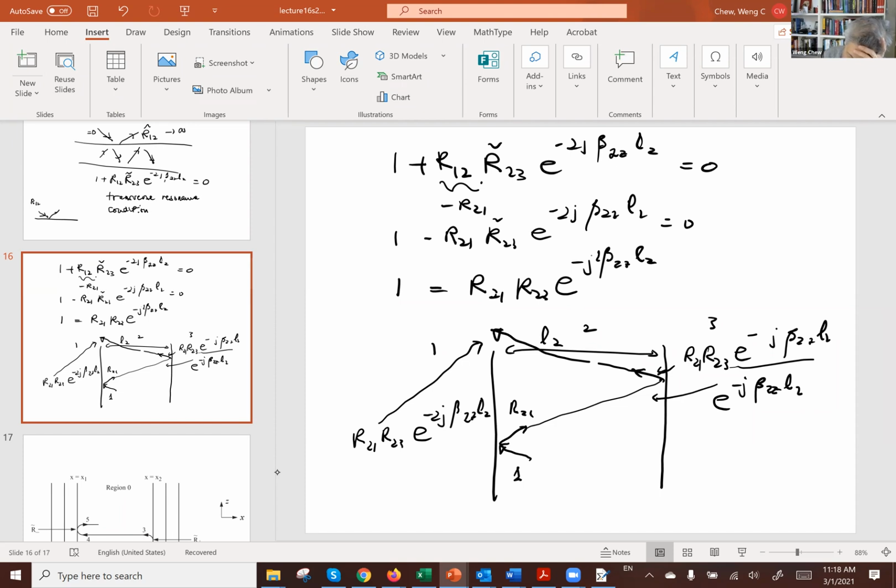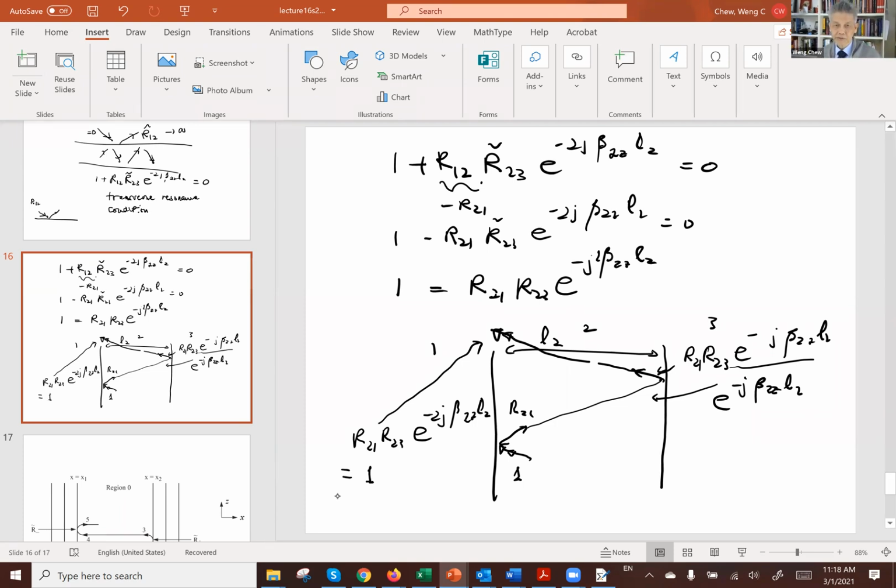And in order for guidance to occur, which means in order for constructive interference to occur, this wave must be identical to the wave that is coming in. So this must be equal to 1.